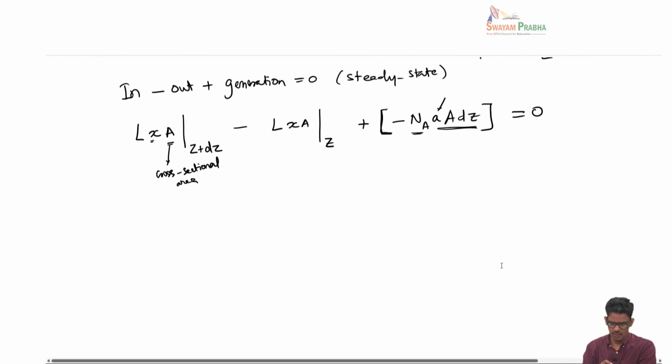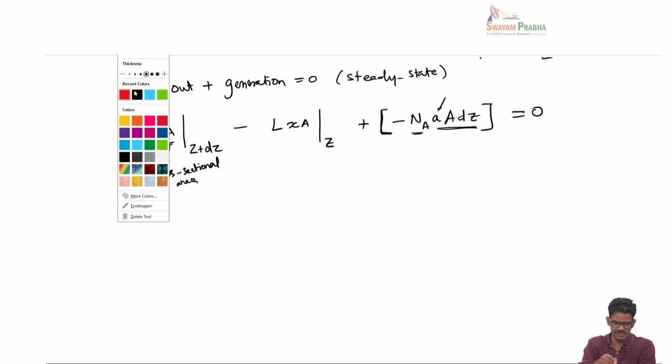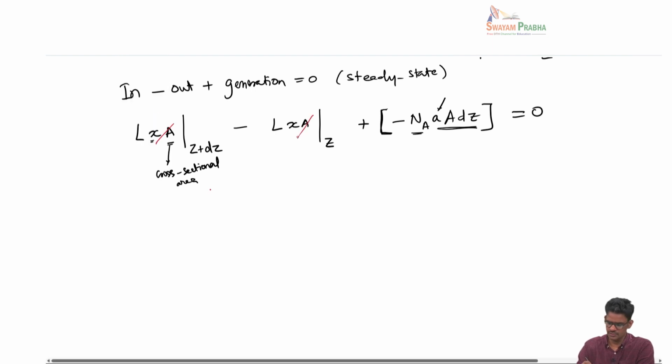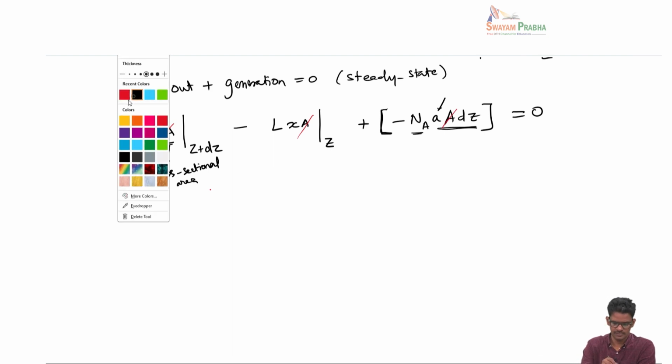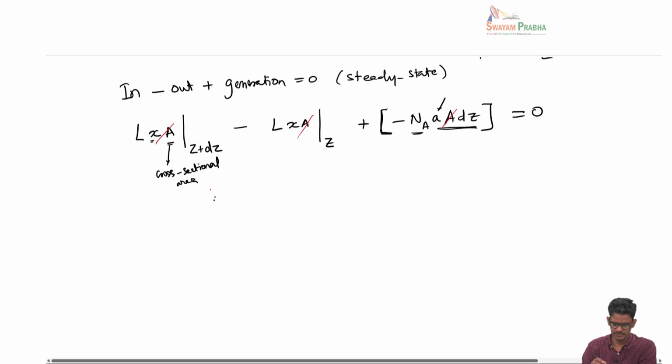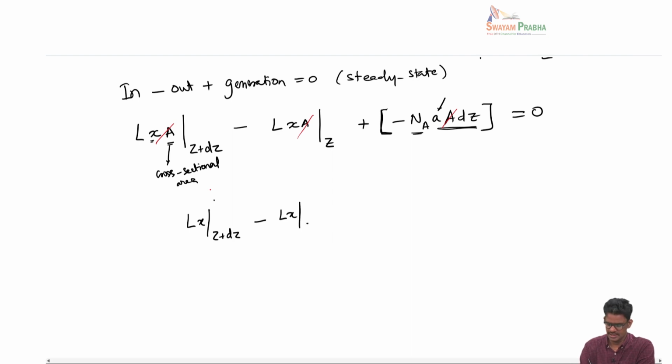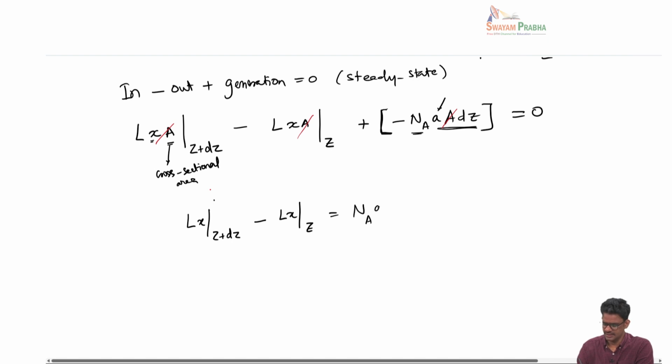So, now what we can do, we can cancel the cross sectional area from this equation because that is a common term. This A goes, then we are left with Lx at Z plus dz minus Lx at Z, that must be equal to N_A a dz.